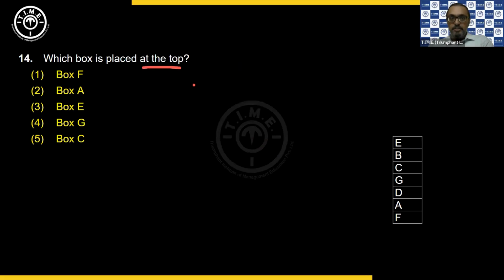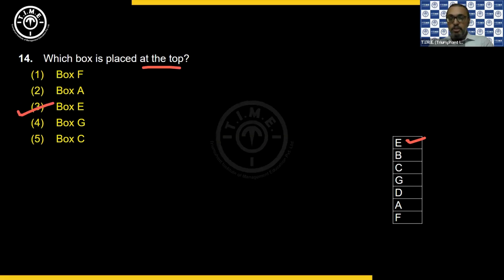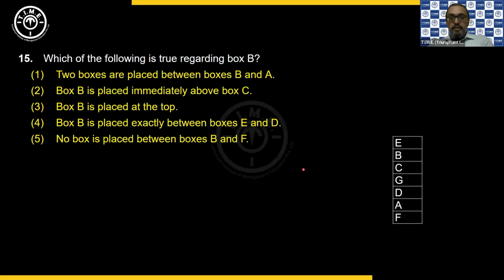Yeah, that is correct. It is E, third option. Placed at the top is the third option, E. That is correct. And which of the following is true regarding box B? Please check that. Which of them is true regarding box B?